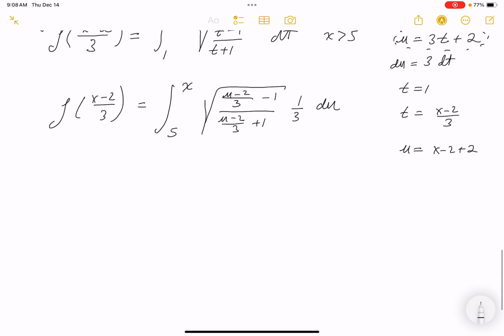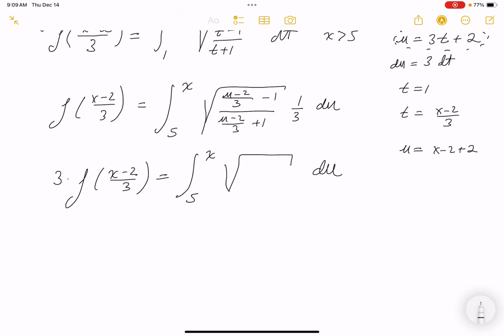I'm going to clear the fraction, multiply both sides by 3, and you get 3 f of (x minus 2) over 3 equals the integration from 5 to x. I just want to check it out, by the way. It's going to be a square root problem over here, and this is going to be du. I'm going to multiply the radicand by 3/3, so I would get u minus 2 minus 3, which would be u minus 5.